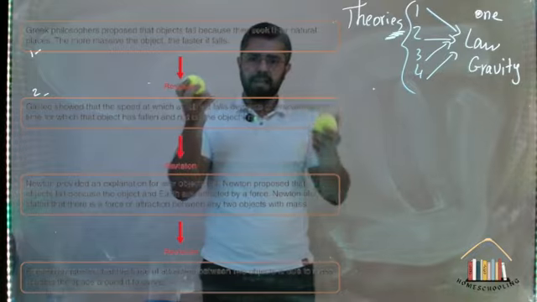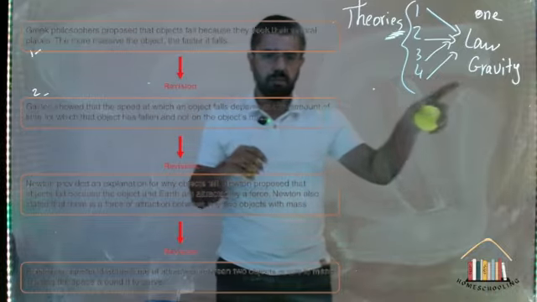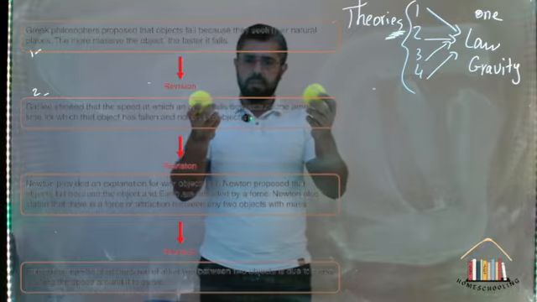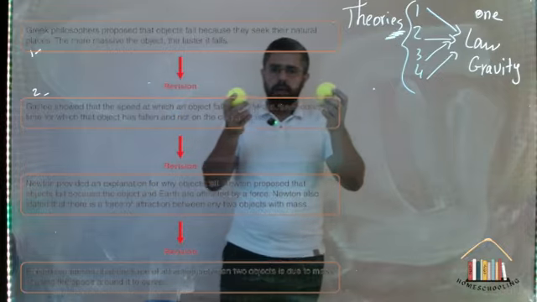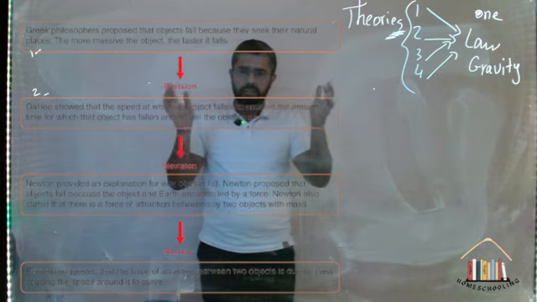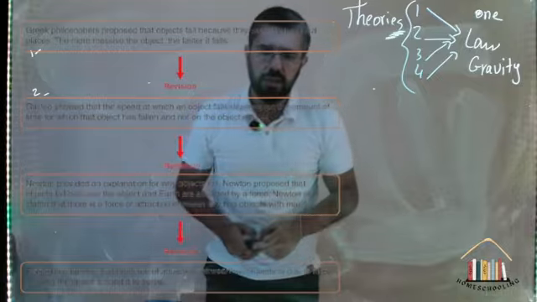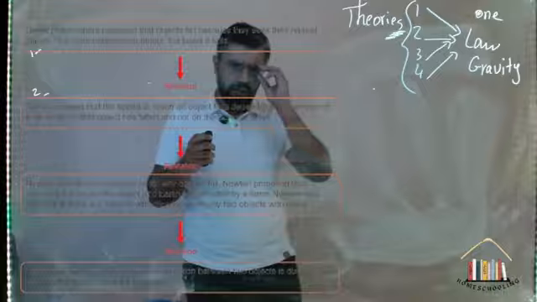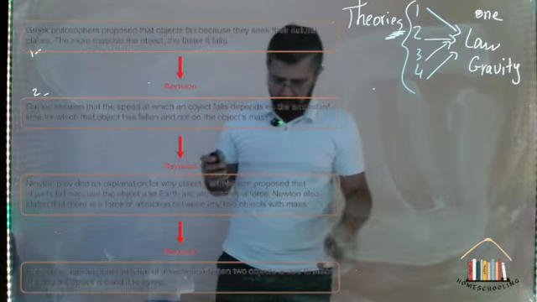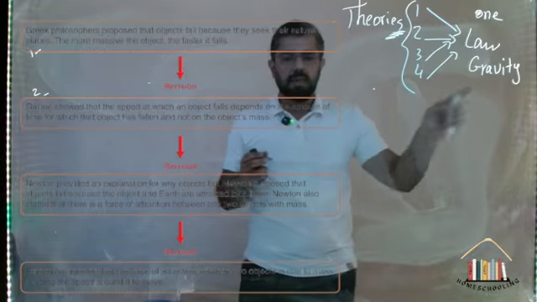One is very heavy, the other one is so light, and he found out that both of the objects, when released, hit the earth at the same time, no matter their mass. No matter how heavy or light they are, both of them will hit the ground at the same time. That was his explanation, or his theory, trying to explain the law of gravity.